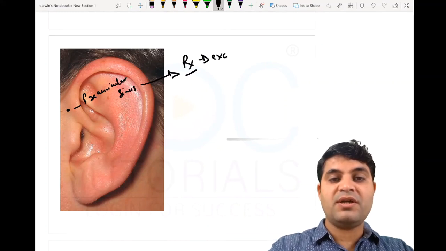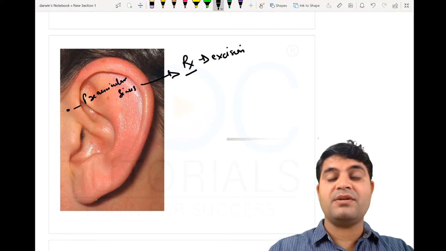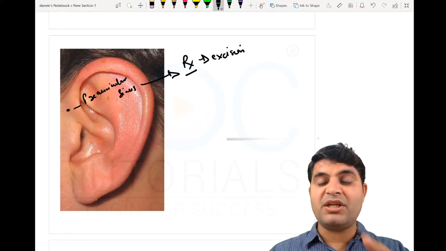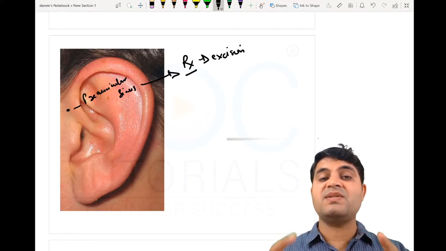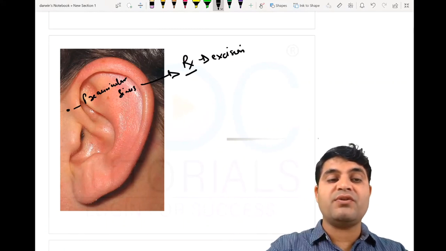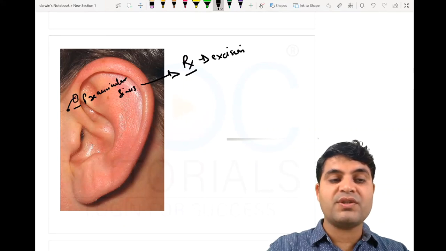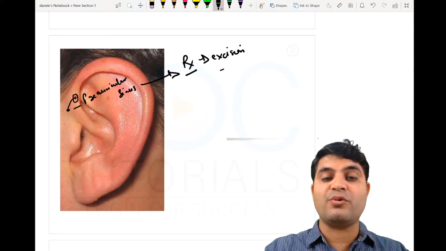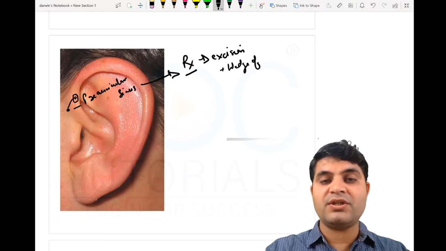The treatment is excision. Now the problem is, many times you say excision, but excision is incomplete till you remove that wedge of cartilage where it goes. Suppose it goes like this, you have to remove this wedge of cartilage also. So excision plus this wedge of cartilage is important.